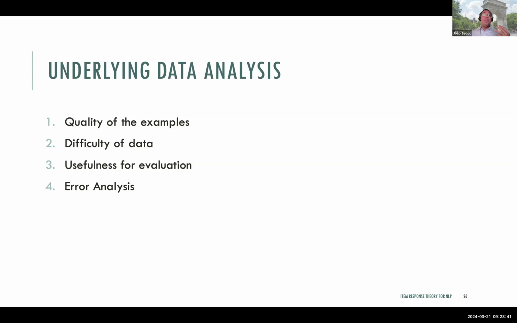What we're going to do is evaluate the quality of the examples in our training data. John will show you some of his work on looking at the quality of individual examples in our training data and trying to understand what subset one can use.